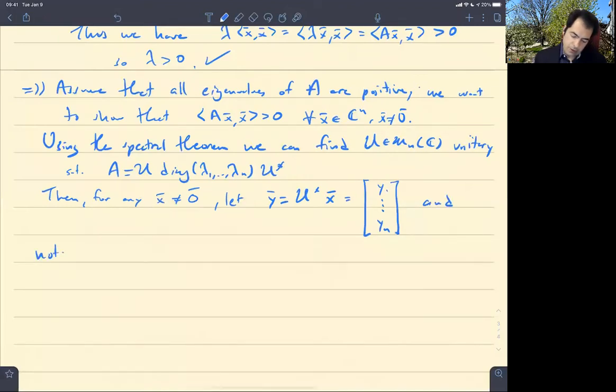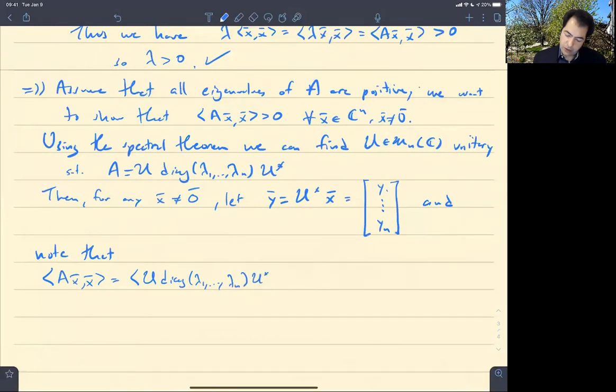And note that the inner product of AX against X, I'm going to write that as the inner product of U times the diagonal matrix, lambda 1 through lambda n, times U star times X paired with X. Now I'm going to move this U to the other side, right?